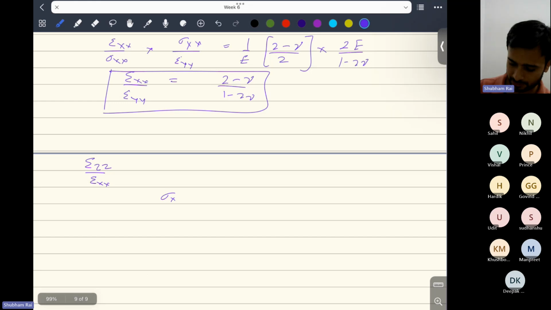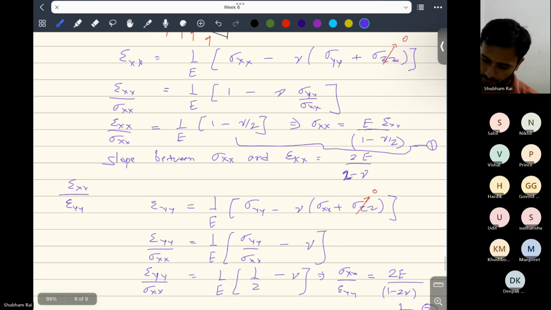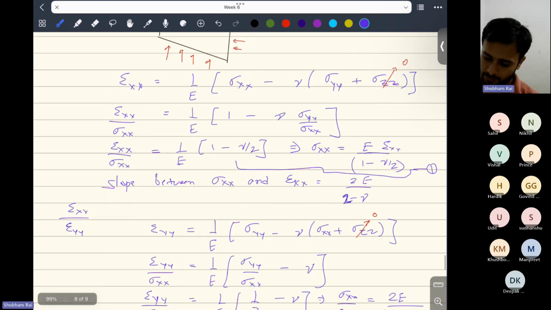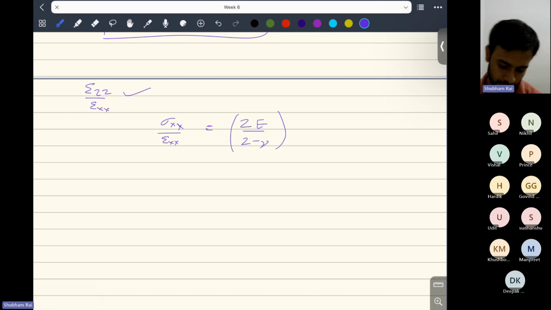So one equation that I have is sigma xx over epsilon xx, that is nothing but 2e over 1 minus 2 minus nu times, yeah, that is there. So that is the ratio between sigma xx and epsilon xx. Now you need to find out this ratio. So if I have epsilon zz over sigma xx, then I'm able to multiply these two equations.